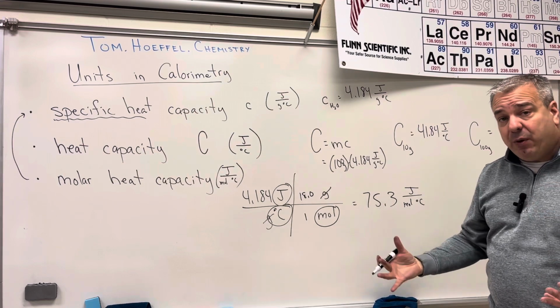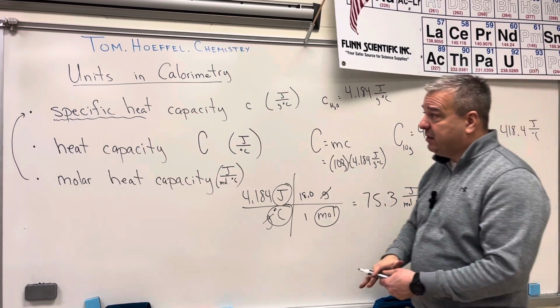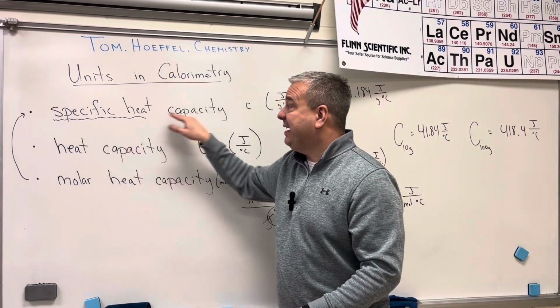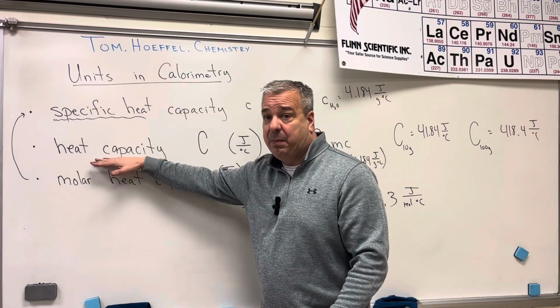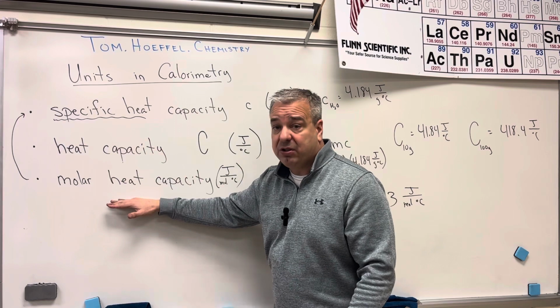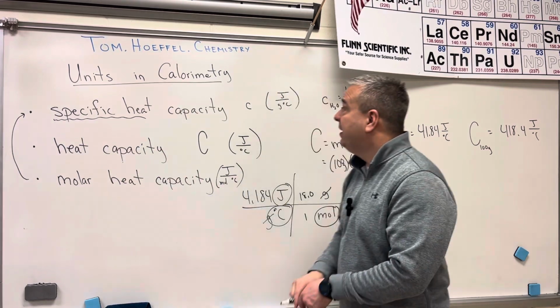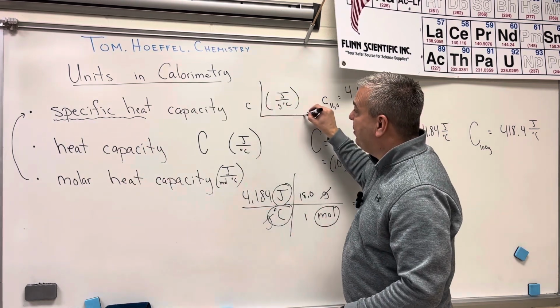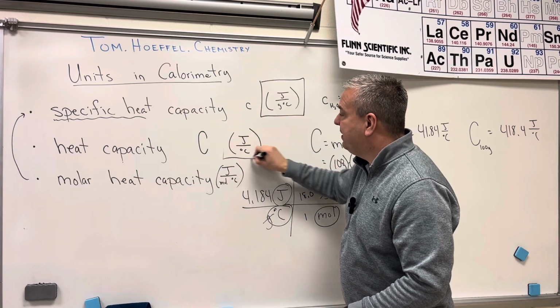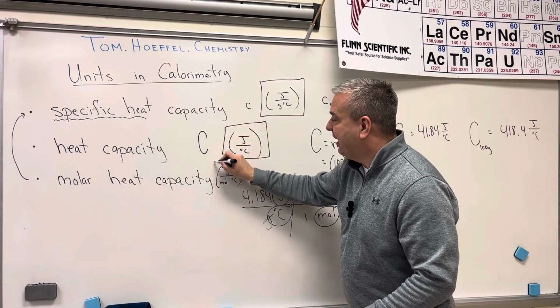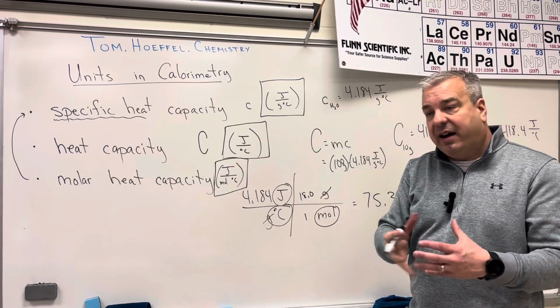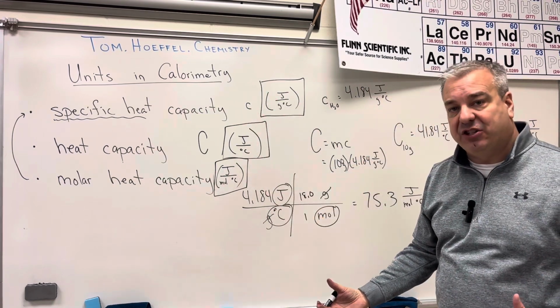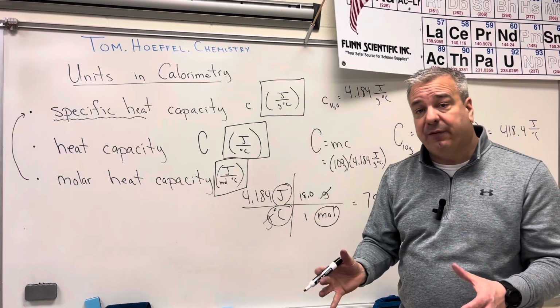So we got three vocabulary words that sound very, very similar. Specific heat capacity, or simply specific heat, sounds really close to heat capacity, which sounds really close to molar heat capacity. But as you can see, their units are going to be very different. So the units can kind of tell you what vocabulary word you're actually talking about. So I hope this information was helpful.